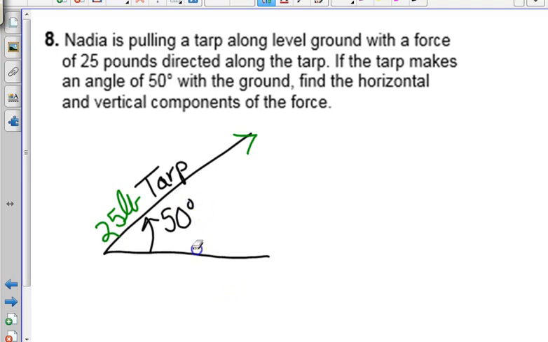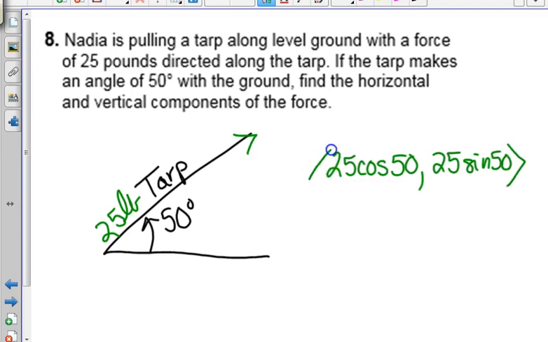Well, as long as the angle we said is with the x-axis, right? Then we just need to do 25 cosine of 50 and 25 sine of 50. $16.1, anybody? $19.2?